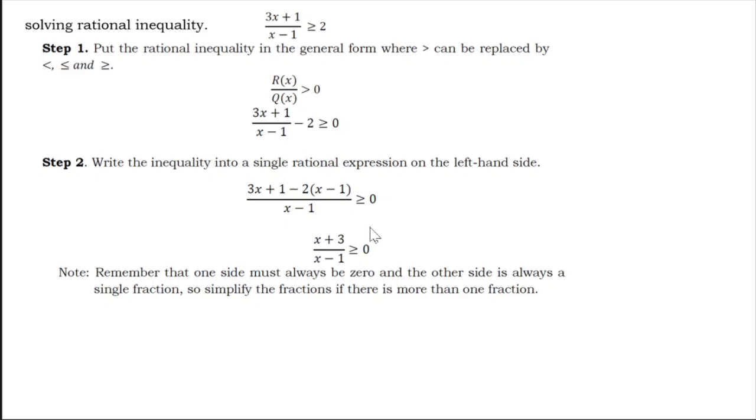Then let's try to simplify. So 3x, since negative 2 times x is negative 2x, so 3x minus 2x is x. Then 1 plus 2, since negative 2 times negative 1 is positive 2.